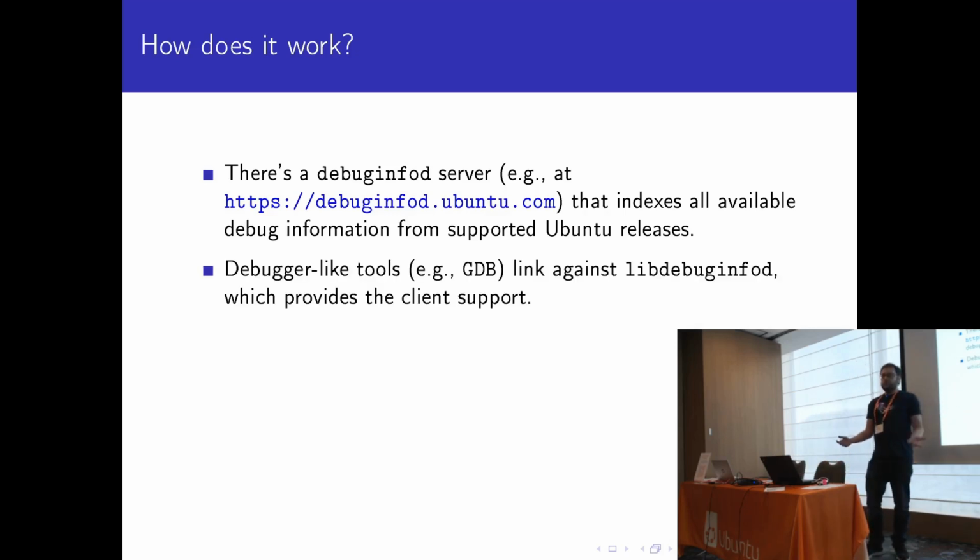When you instruct GDB to use the Debuginfod server, it will link against libdebuginfod, which is the client side, and the client will perform the request to the Debuginfod server.